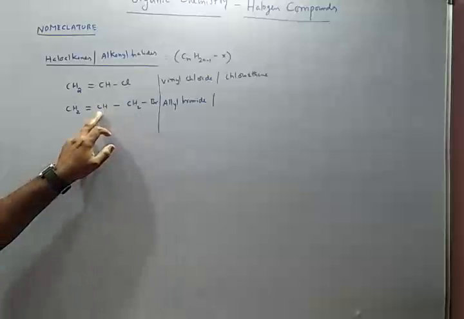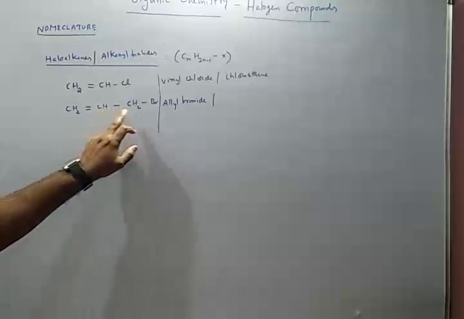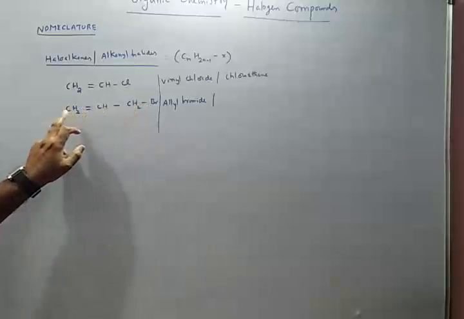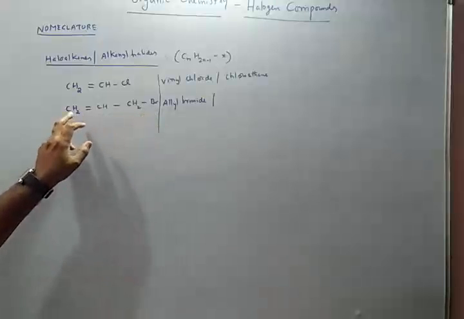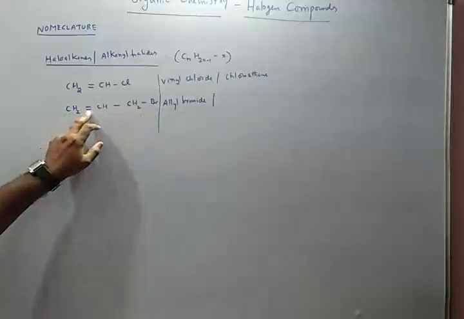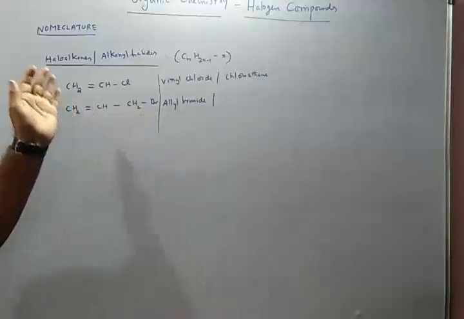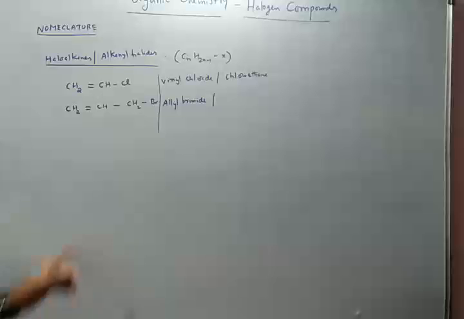On the second carbon we have a double bond. So it is nothing but 1, 2, 3. We have 3 carbons in this. The double bond is a major functional group which has the most priority compared to halogen.